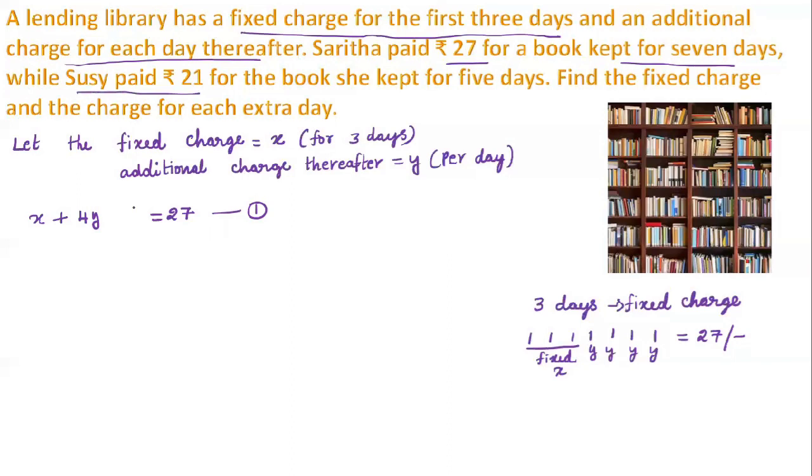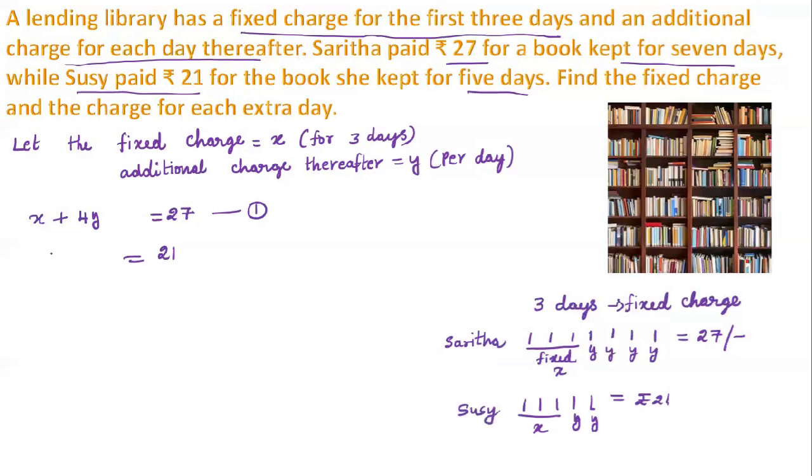Now Susie paid rupees 21 for the book she kept for 5 days. Now 1, 2, 3, 4, 5. She kept the book with her for 5 days. The first 3 days the charge is x. The remaining days are 2. For 1 day it is y, for 2 days it will be 2y, and in total she paid rupees 21.